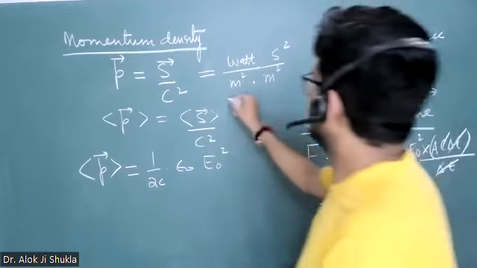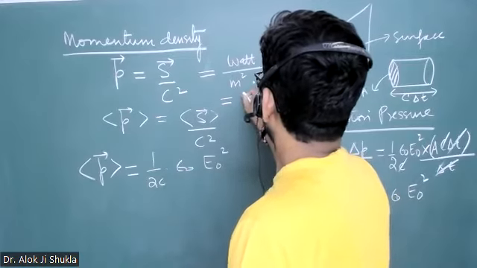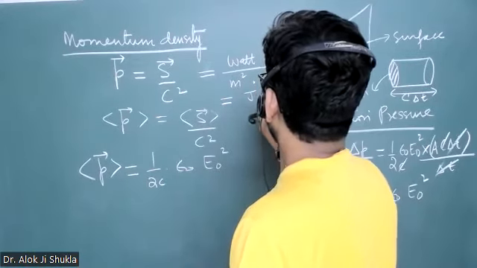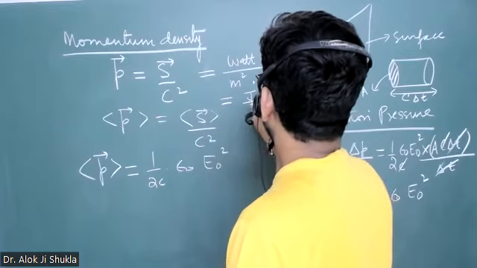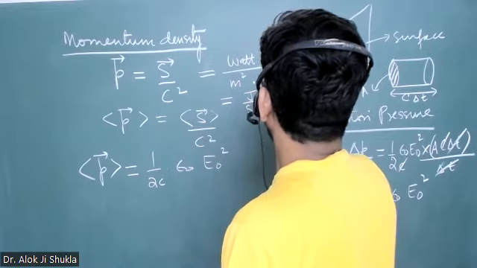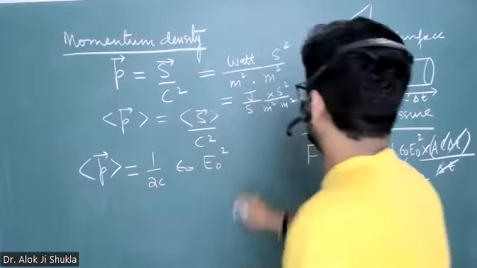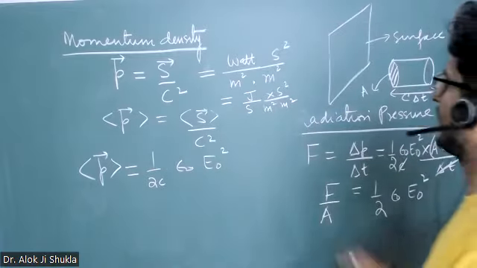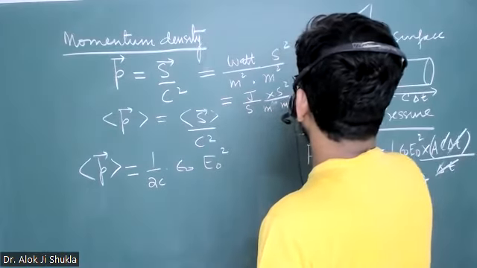Now it will become what will become joule per second, and into second square by meter square into meter square. So meter cube I want, so just take 1 meter here and put it cube here. Is it okay?